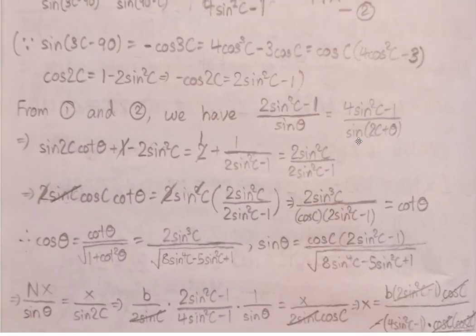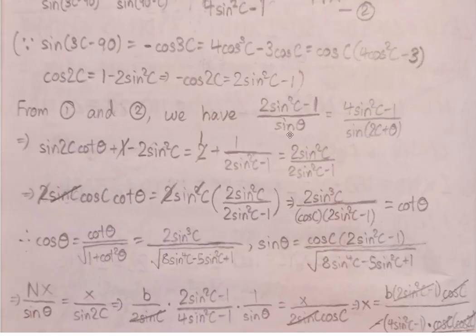Now we just evaluate it to find what theta is. And here we just take sine of 2c plus theta this side, and this thing this side. So now we have something like, this is sine 2c into cos theta plus cos 2c into sine theta. That's basically how you expand sine of a plus b.